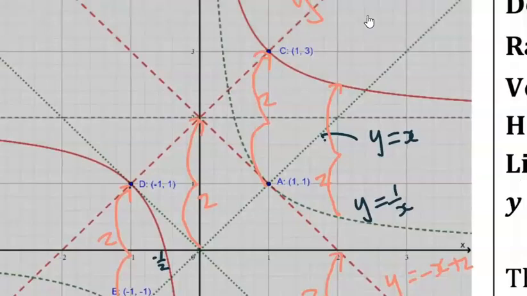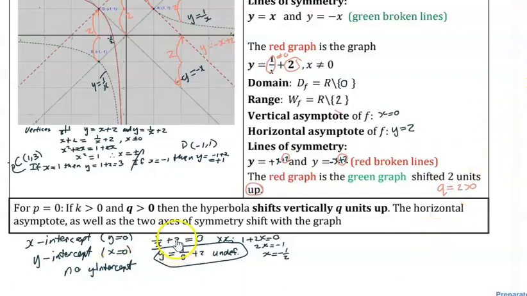So algebraically, we've also confirmed what is shown on the graph here. For p equal to 0 and k positive and q positive, our hyperbola shifts vertically q units upwards, so the horizontal asymptote shifts upwards as well, and the two axes of symmetry shift with the graph.